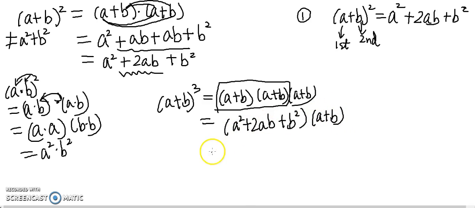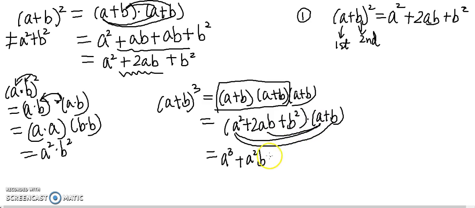So now we have to use the distributive property: a squared times a gives us a cubed, a squared times b is a squared b, and 2ab times a is 2a squared b, and 2ab times b is 2ab squared. Now we do b squared times a, that's b squared a, which is also ab squared. b squared times b is b cubed.